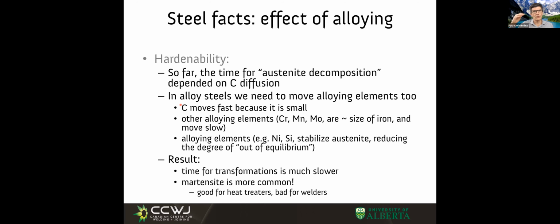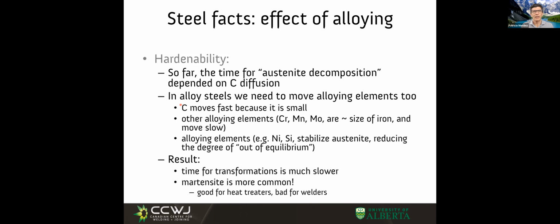And the reason the transformations are slow is because of what we call the driving force, this amount that we're out of equilibrium, which is not so big, right? If we need to move a very small weight, we might think we do it fast. But if we're not very strong, it might not be so fast, right? So that's what's happening. Alloying elements play these two roles: slowing down diffusivity, and also changing the stability of phases.